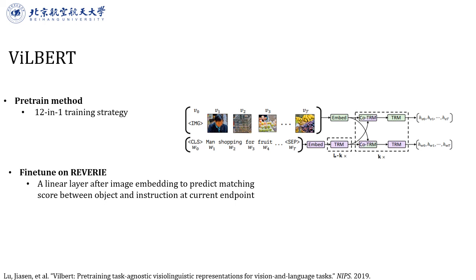Therefore, we adopt the ViLBERT model pre-trained with the 12-in-1 training strategy to predict the target object at the ending viewpoint of each navigation path. To fine-tune on REVERIE, we pass the embedding of each image region into a learned linear layer to predict a matching score.